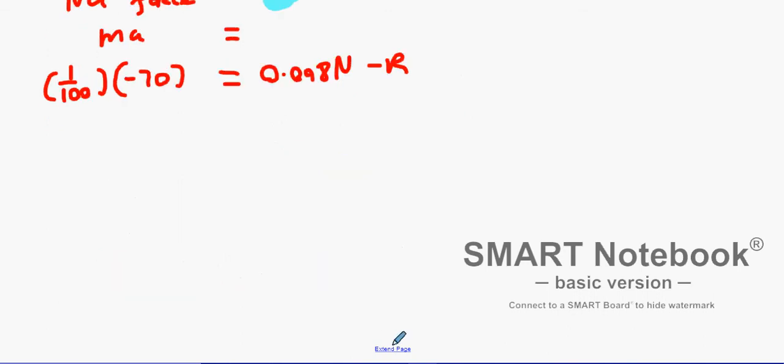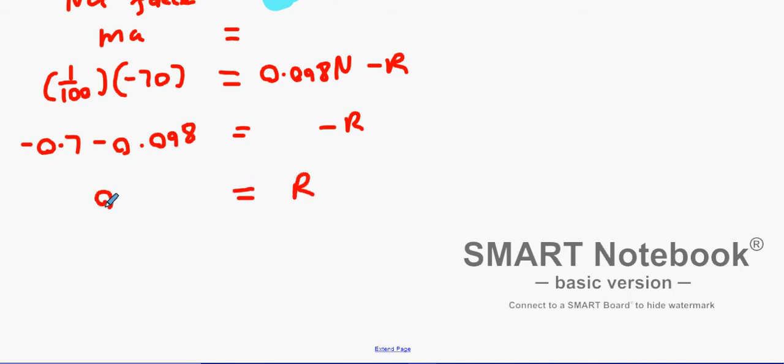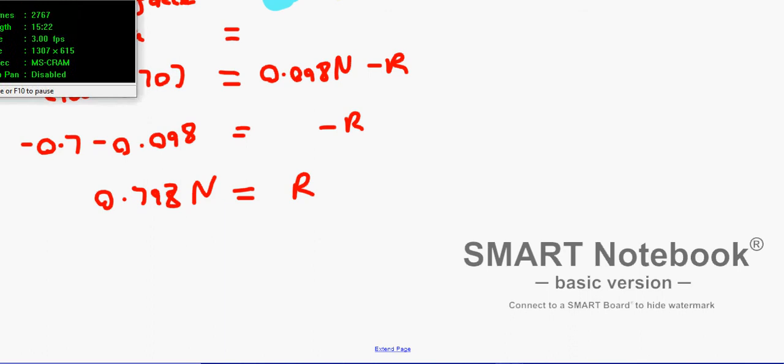This means minus R is going to be minus 0.7, minus 0.098. Resistance is going to be 0.798 newtons when you add both of them together. Both sides will be negative, multiply both sides by negative, and you get a positive R.